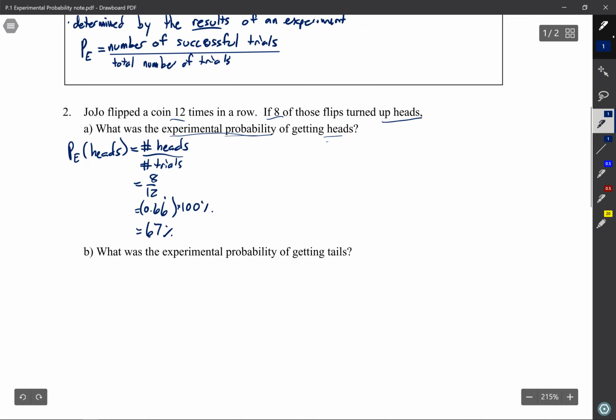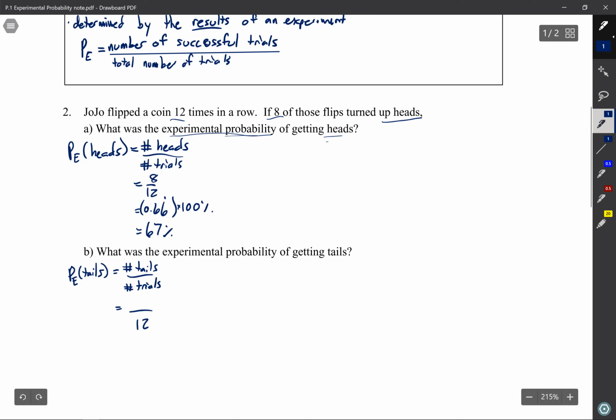Now, what's the experimental probability of getting tails? Well, this time we don't quite have all of the information given to us, but we can figure that out. So the experimental probability of getting tails is the number of tails divided by the number of trials. We have the same total number of trials, that's just 12.